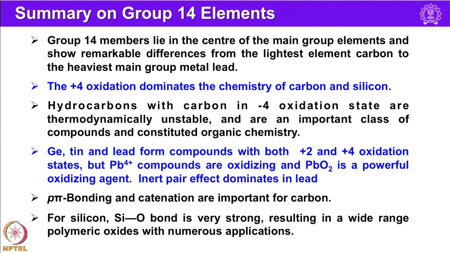P-pi bonding and catenation are important for carbon and less important for heavier elements. For silicon, the SiO bond is very strong, resulting in a wide range of polymeric oxides with numerous applications. We come across all kinds of minerals present in the earth crust, of which 90% are essentially coming from silicate minerals. Okay.